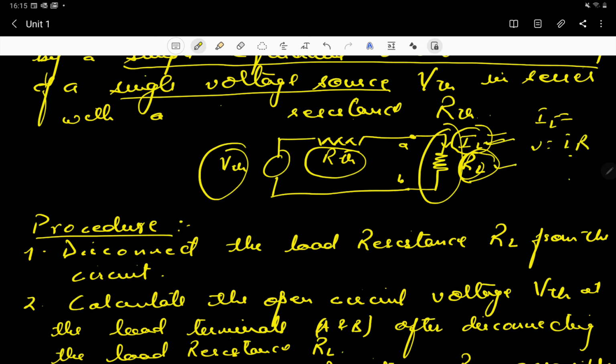So comfortably you can calculate this. And then if you calculate the power across this terminal, how much power this resistance is consuming, then you have the voltage and the current both. You can easily calculate the power across those terminals. Okay, so this is simply the procedure how you are going to implement the Thevenin's theorem.